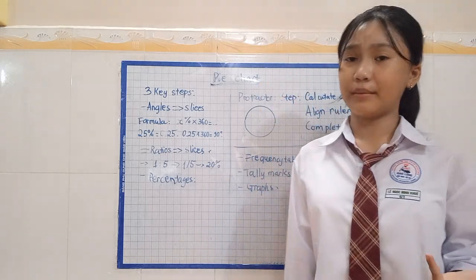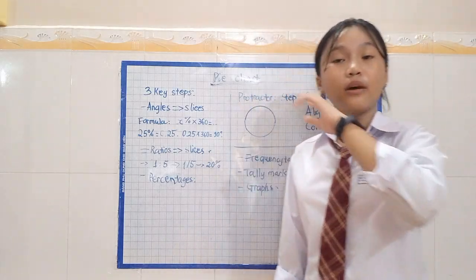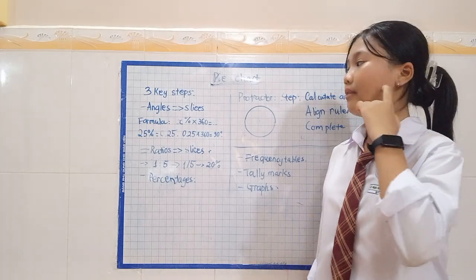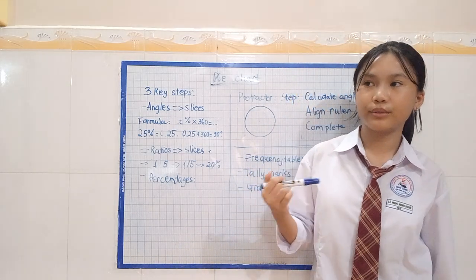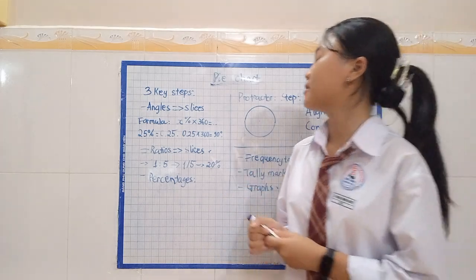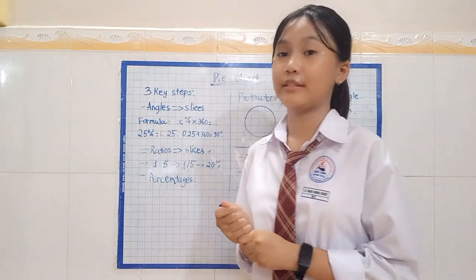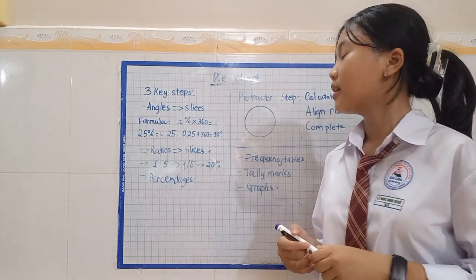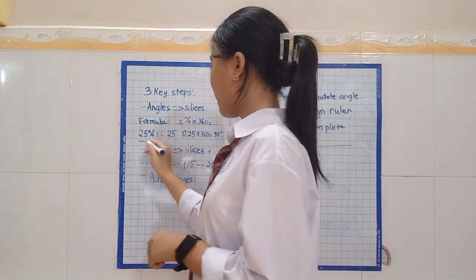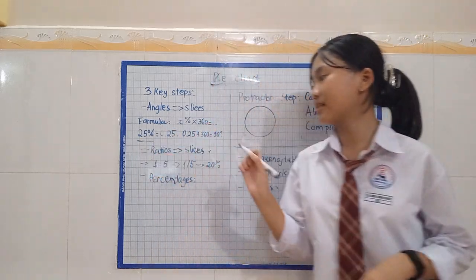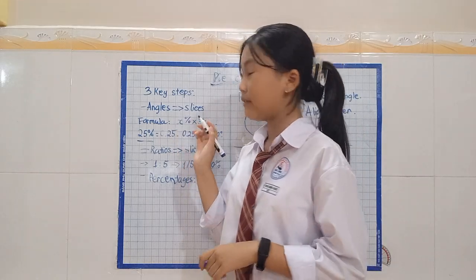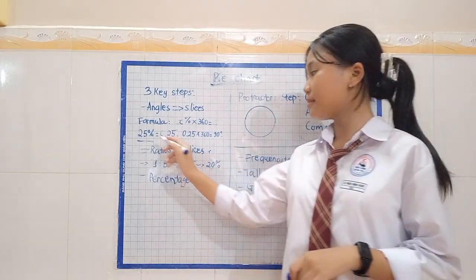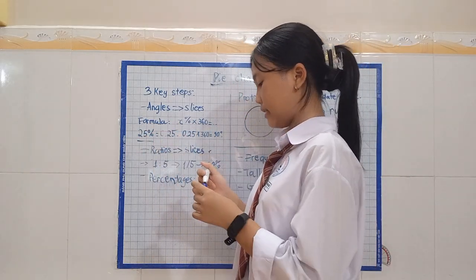Let's get a real example so we can actually understand. Imagine we have 25% of people who like something. That is our percentage, which is 25%. We convert 25% into 0.25, the decimal form of 25%.